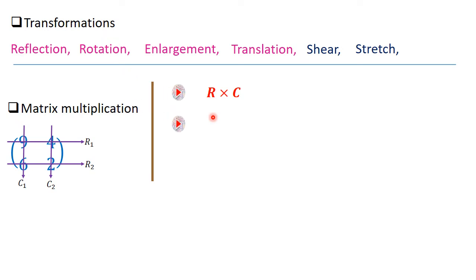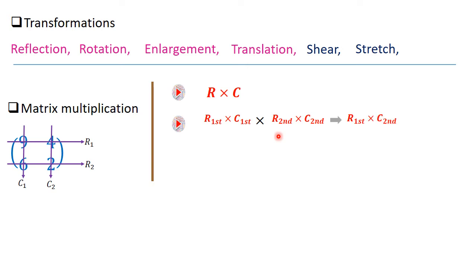The second point I want to say is this: if R first times C first means the order of the first matrix that you're multiplying with another matrix whose order is R second times C second, then the resulting matrix will be of order R first times C second.